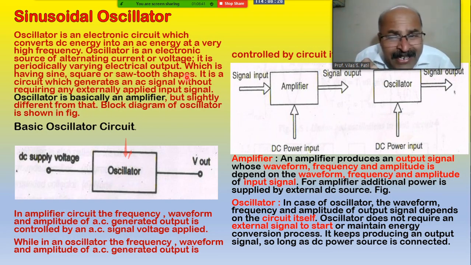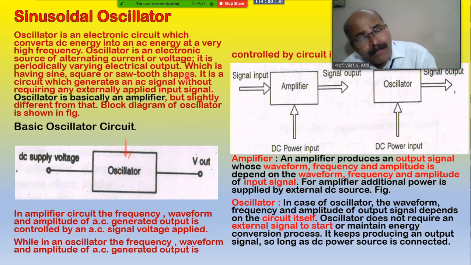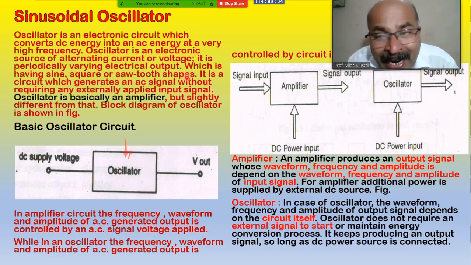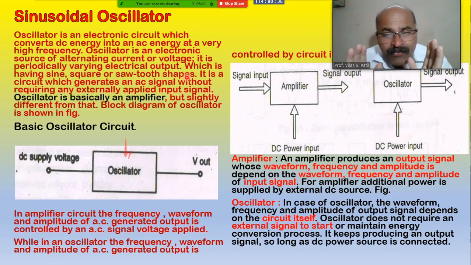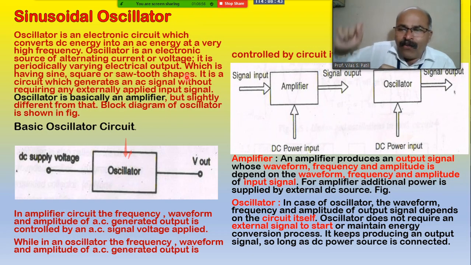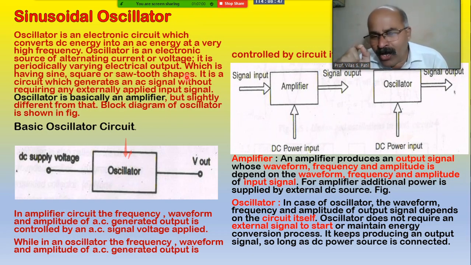If the output is a sawtooth, then that oscillator is known as a ramp generator. The nomenclature is different, but the output is varying in nature, that will be known as an oscillator.